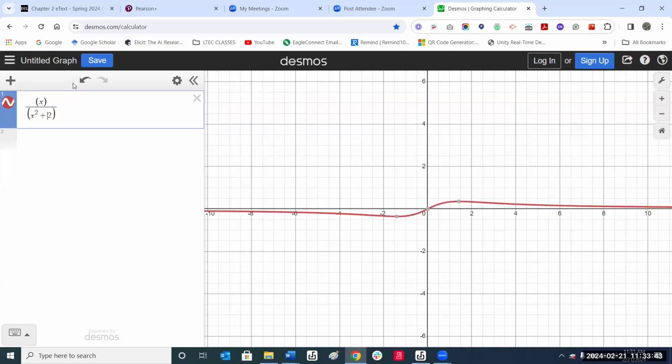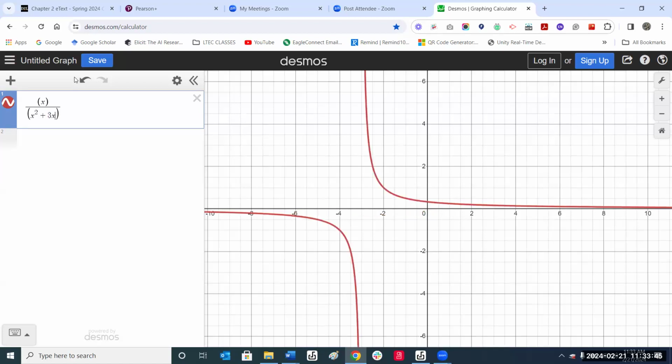Squared plus 3x plus 4. That's exactly what's happening.